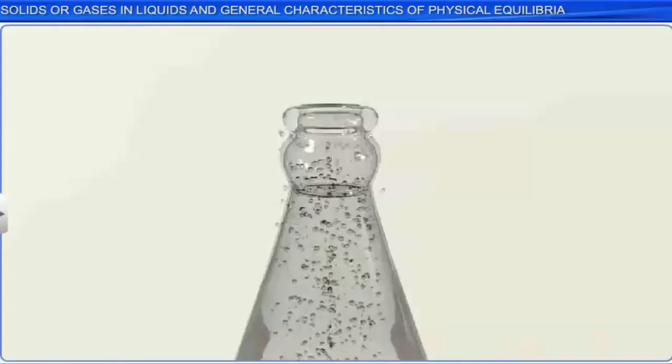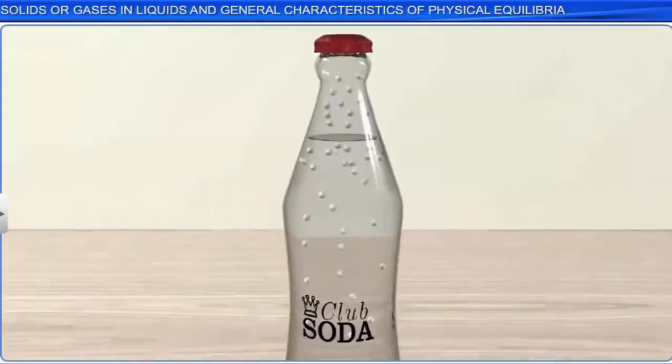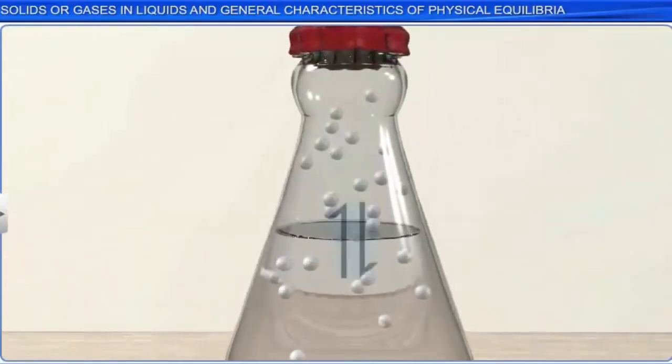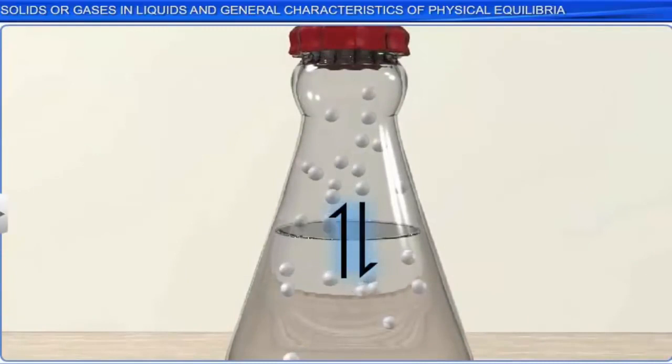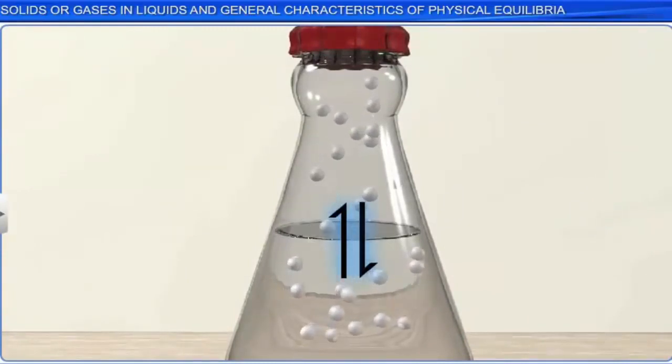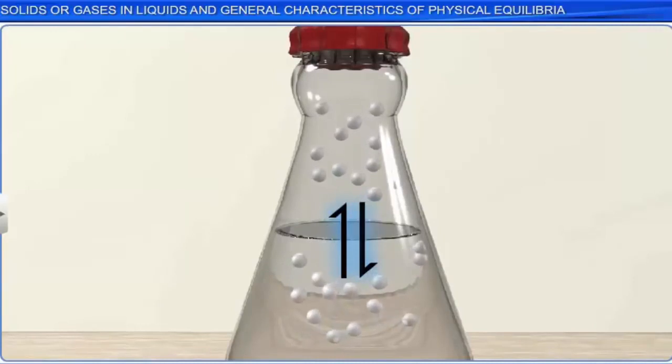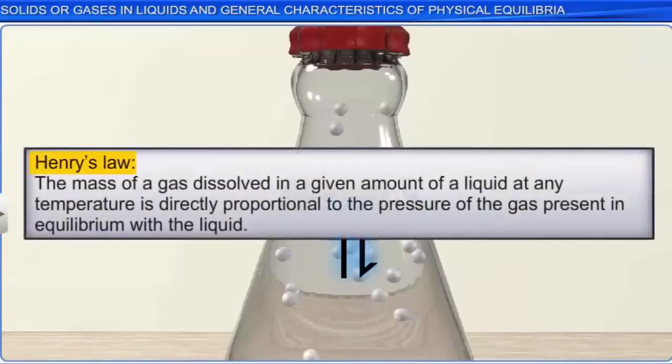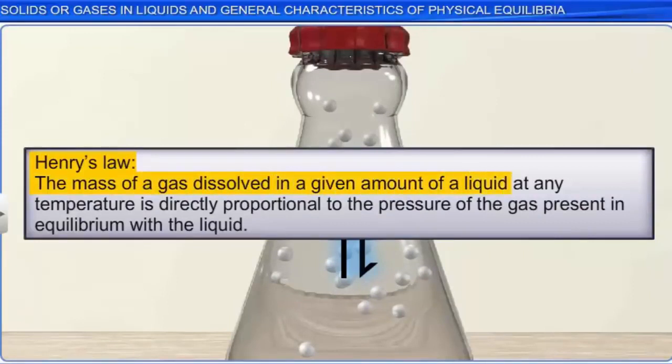At a given pressure, equilibrium exists between the carbon dioxide molecules in the gaseous state and those in the dissolved state in the liquid. This equilibrium is governed by Henry's law, which states that the mass of a gas dissolved in a given amount of a liquid at any temperature is directly proportional to the pressure of the gas present in equilibrium with the liquid.